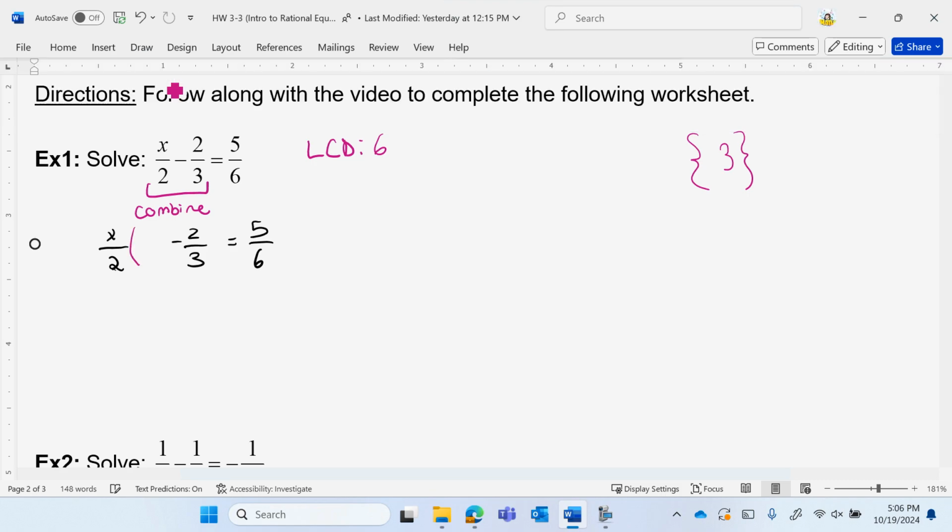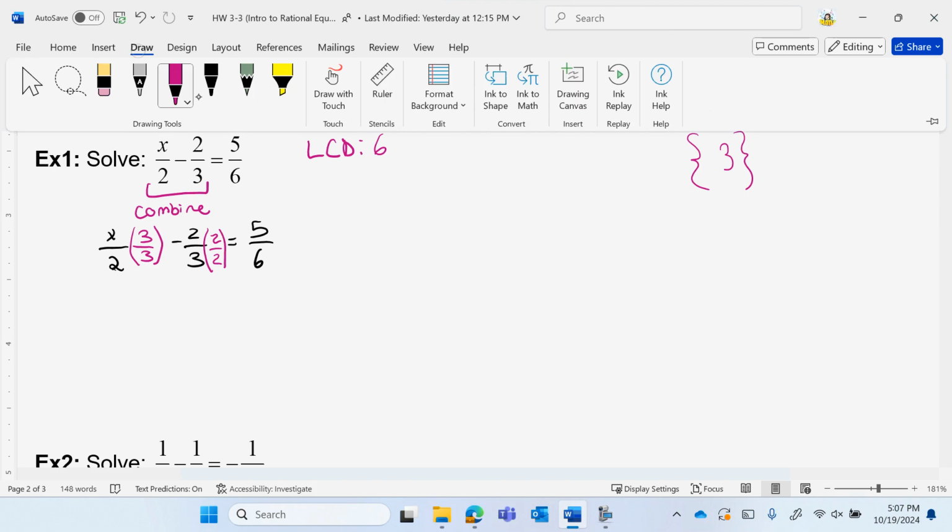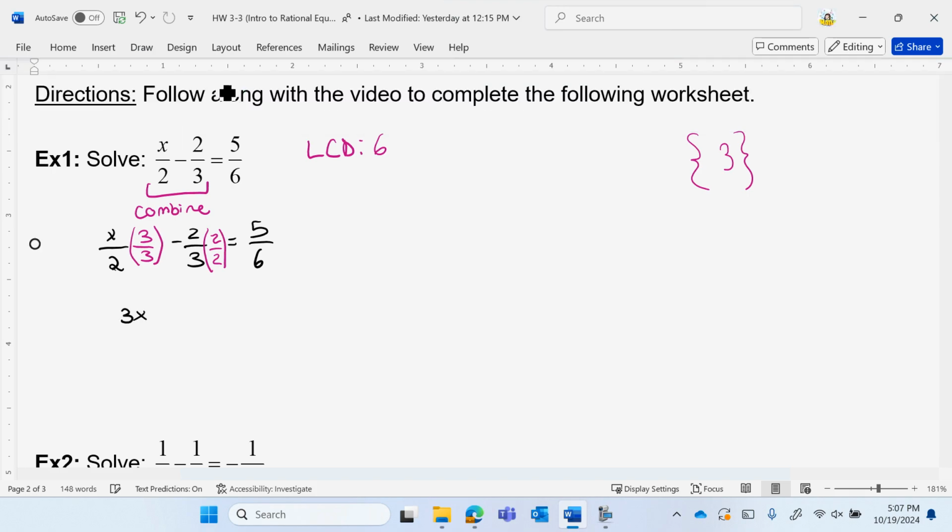In order to get my first denominator to be 6, I have a 2, so I need to multiply by 3 over 3. If I have a denominator of 3, I need to multiply by 2 over 2. This makes all my denominators 6. So now I have 3x over 6 minus 4 over 6 equals 5 over 6.